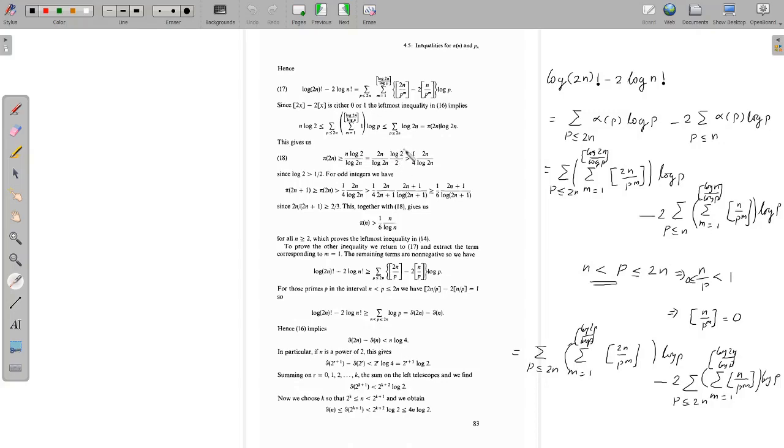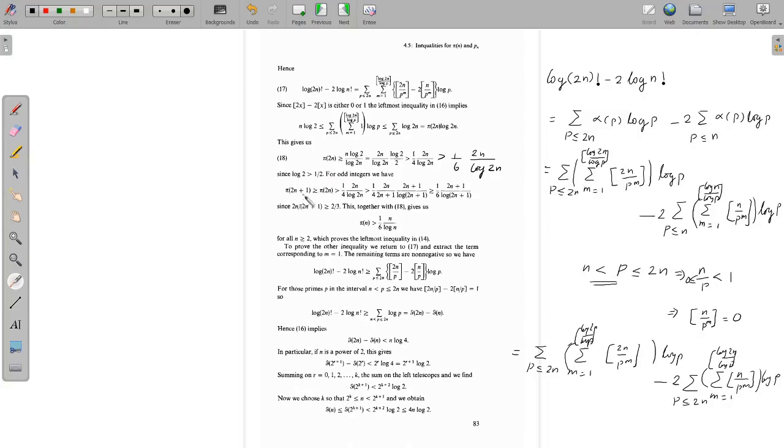And we have seen that log 2 by 2 is always greater than 1 by 4. That is in the assignment. So we have this inequality: pi of 2n is always greater than 1 by 4 times 2n divided by log 2n. Of course, you can write this as greater than 1 by 6 times 2n by log 2n. It is also true.